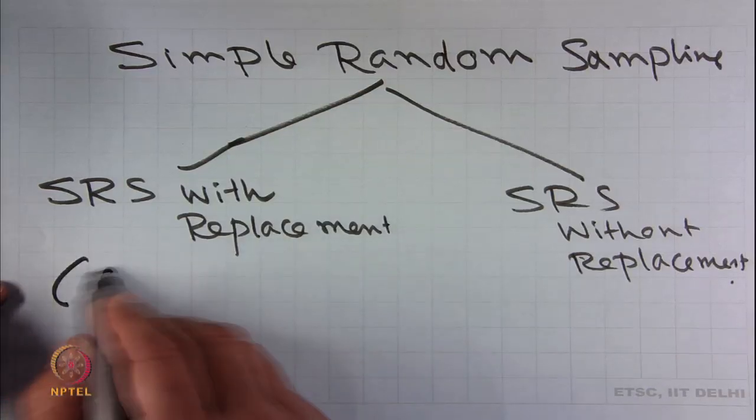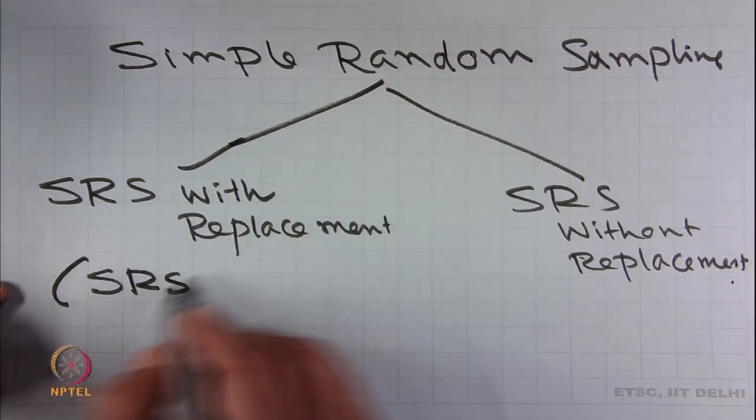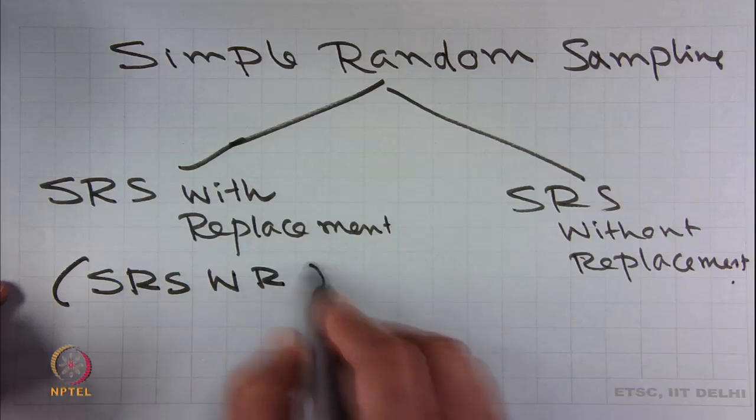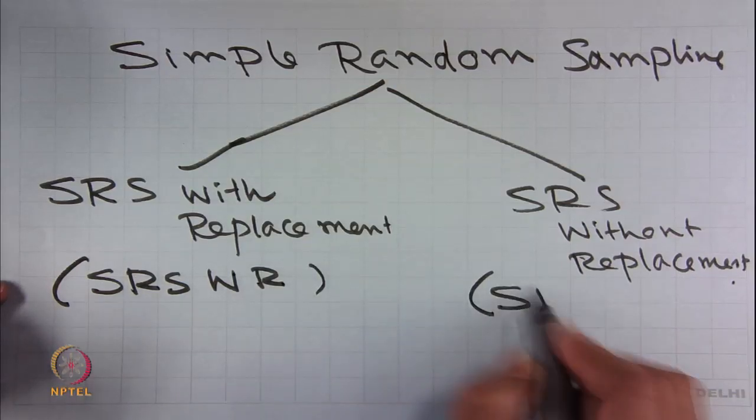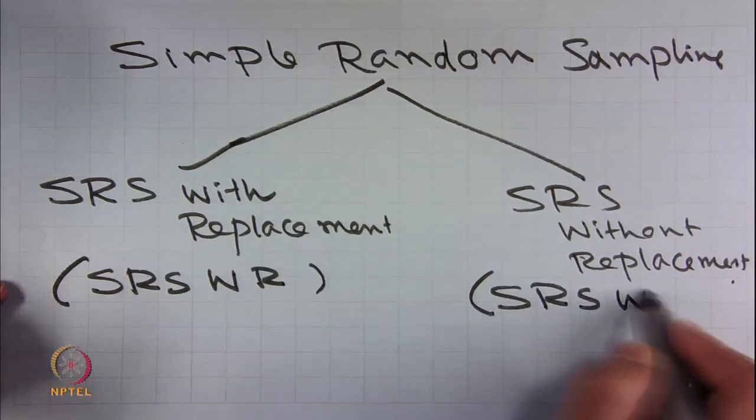In short, we call them SRS-WR and SRS-WOR.